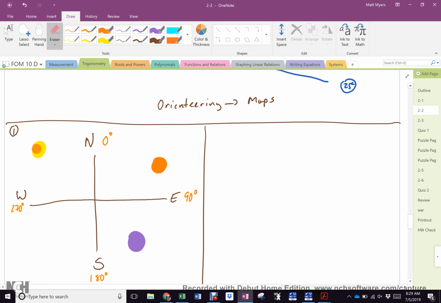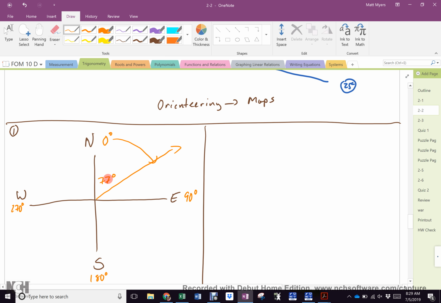Okay. Because, as you can see, 0, 90, 77 lies in here, right? Now, here's where it gets tricky. We have been measuring our angles from the horizontal, haven't we? In directions, in orienteering with maps, we measure from 0. So, this is the 77.